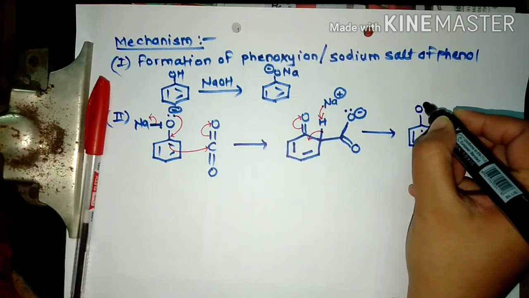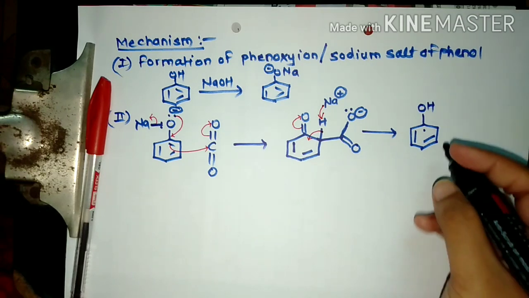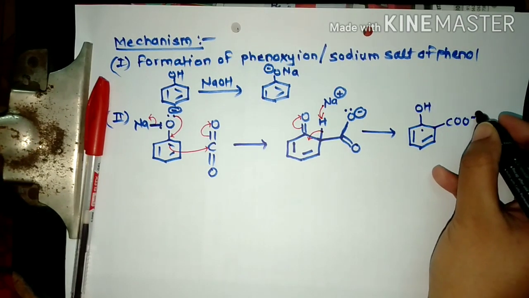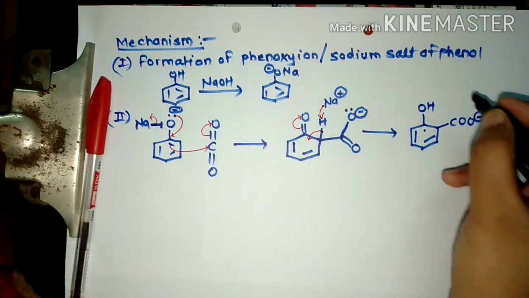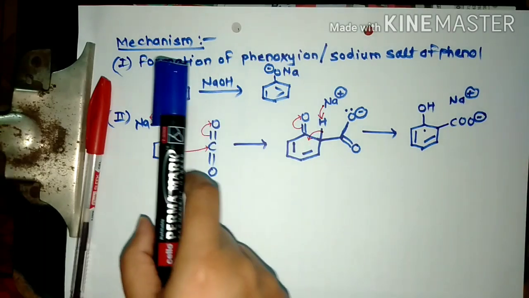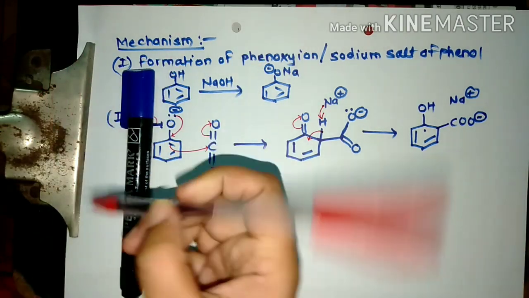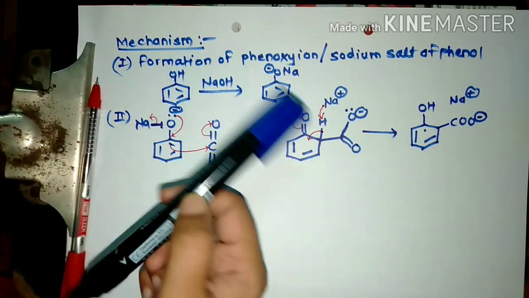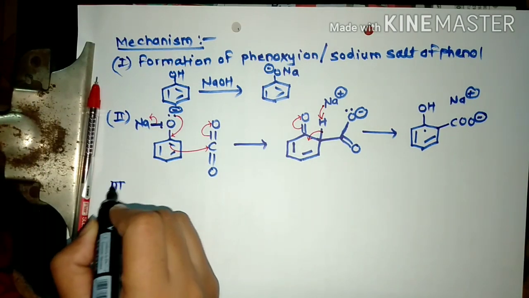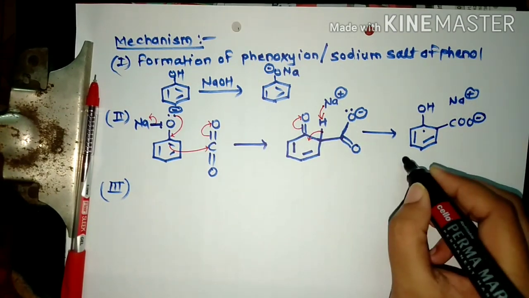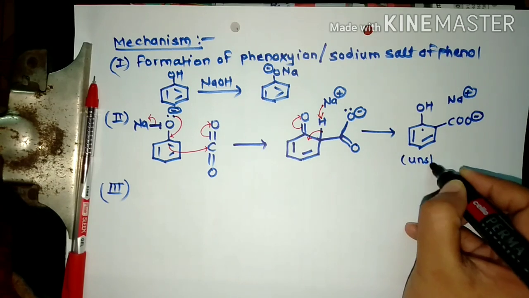There is a formation of OH, COO minus, and your sodium ion. Okay. In the second step, sorry, in the third step, what will happen? This is unstable in nature.